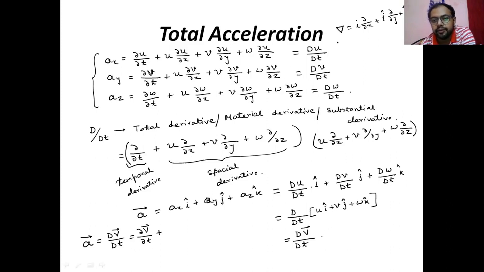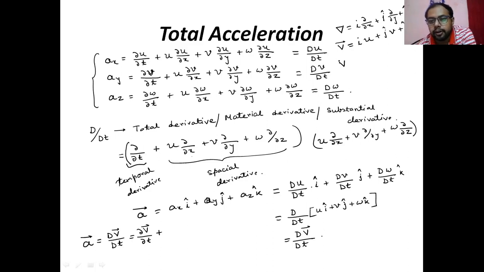And V is a vector, ui plus vj plus wk. With a scalar, the del operator gives the gradient; with a vector, it gives the divergence.